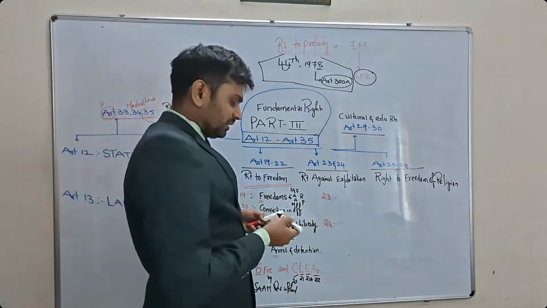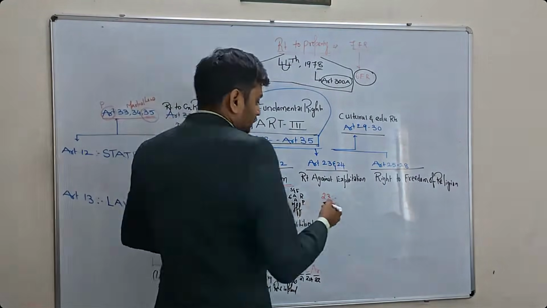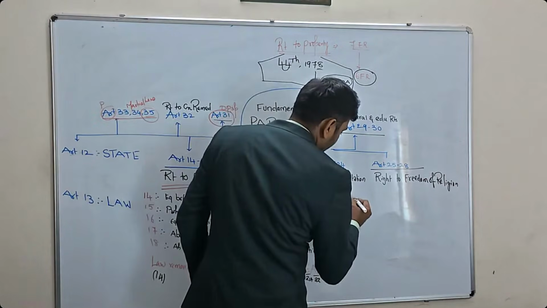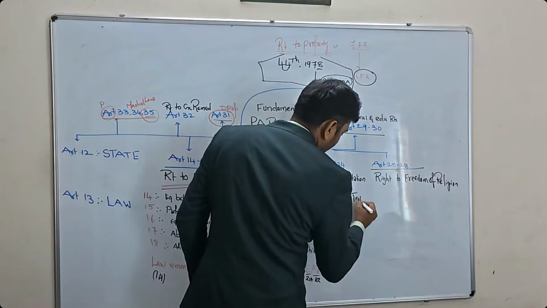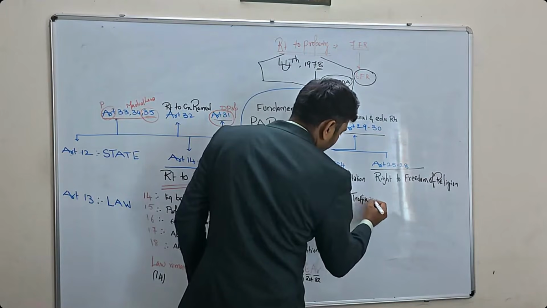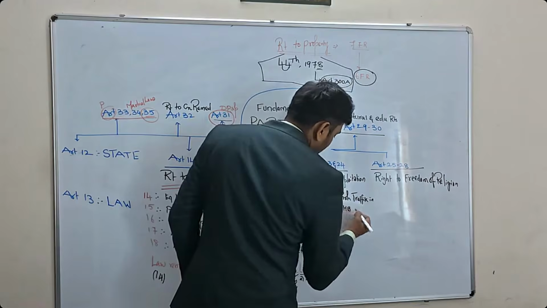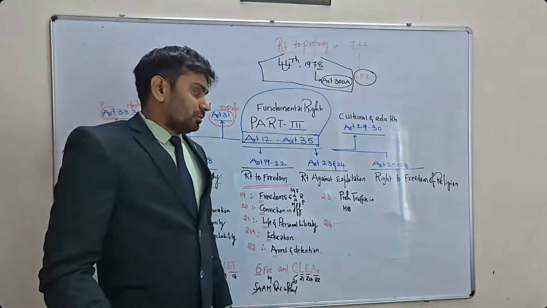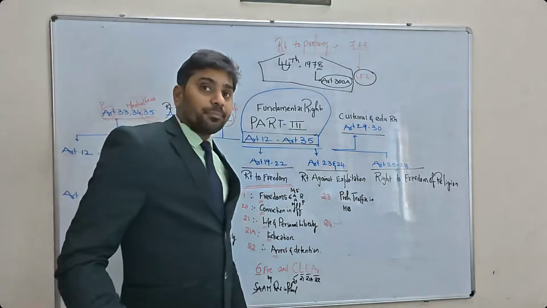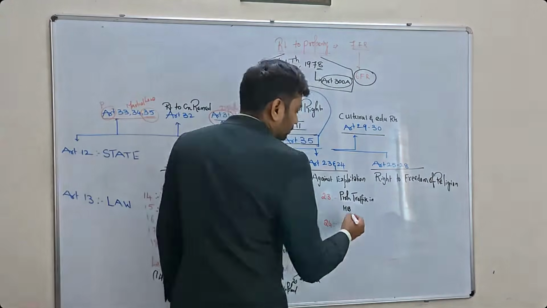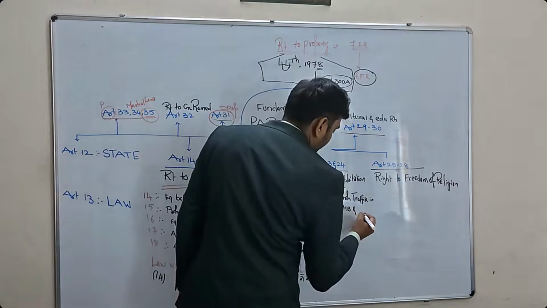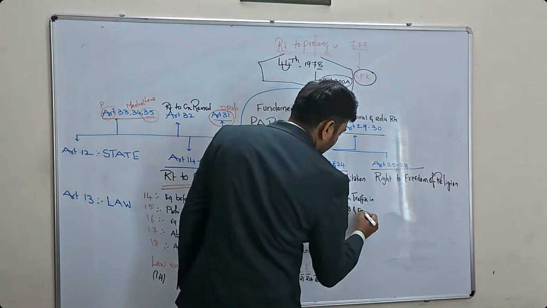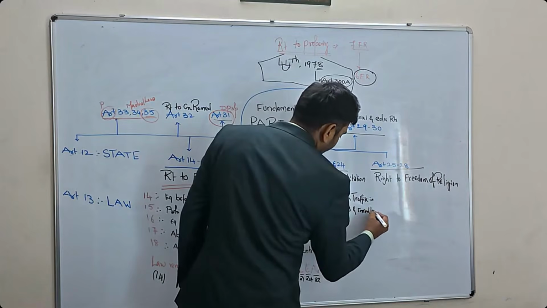What is Article 23? Prohibition of traffic in human beings. Prohibition of traffic in human beings and forced labor, like beggar.